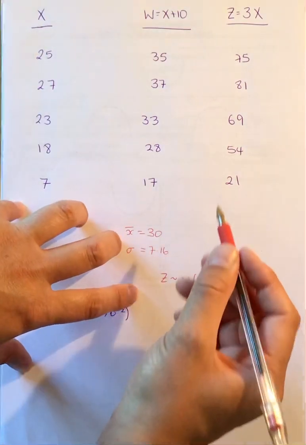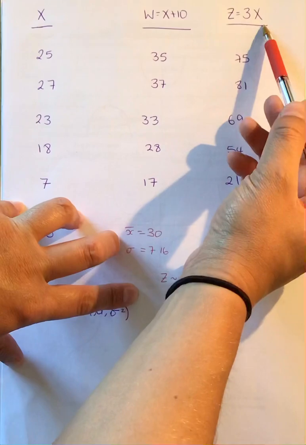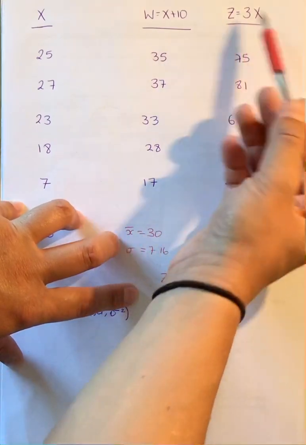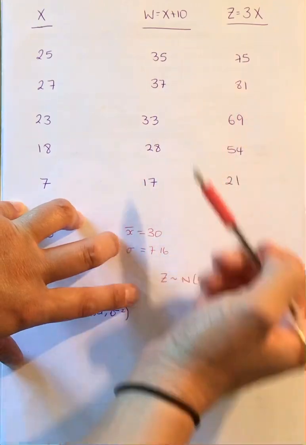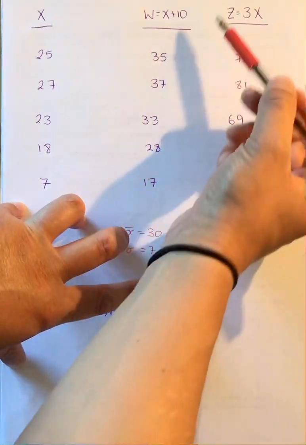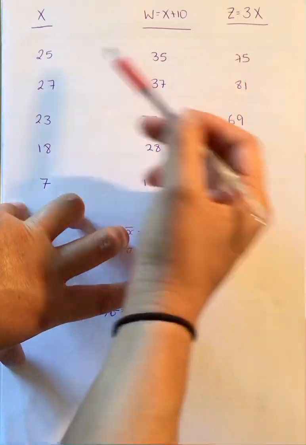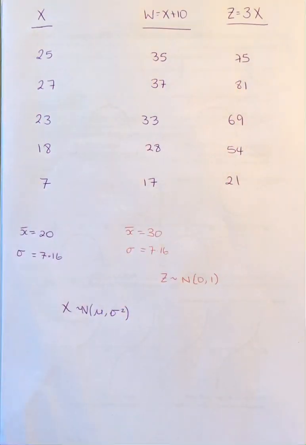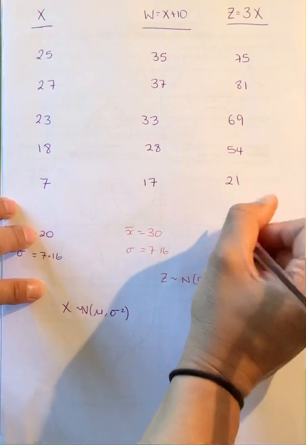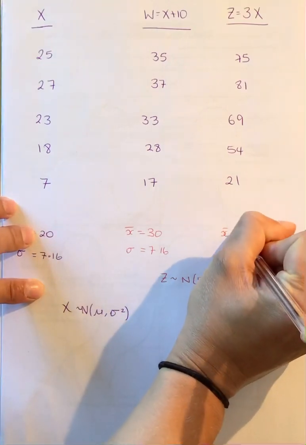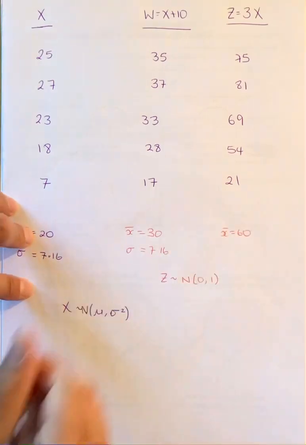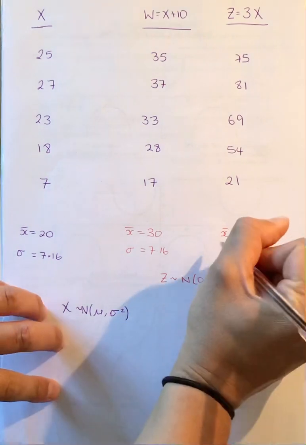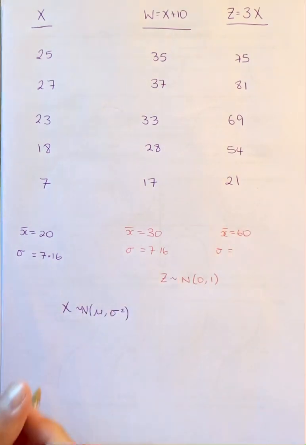If, however, I multiply all my values by 3 instead, so if this variable, I've called it z, which isn't very good because that's normally the standard normal distribution, but I've multiplied all of these values by 3. That is going to make everything 3 times bigger, so the mean is going to be 3 times bigger, so it will now be 60. My standard deviation this time will have changed.